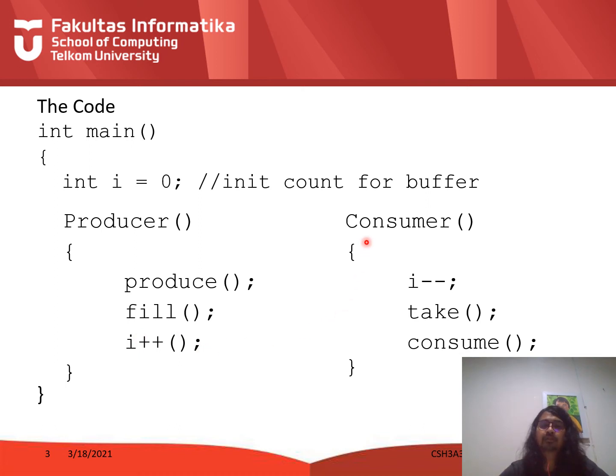And on the contrary, the consumer first will decrement the I. It means that it will not take the topmost of the buffer, but it will take the bottom of the buffer. So when it is decremented, after that we will take the member that is in member I, and then the consumer will consume the number that is taken from the buffer.